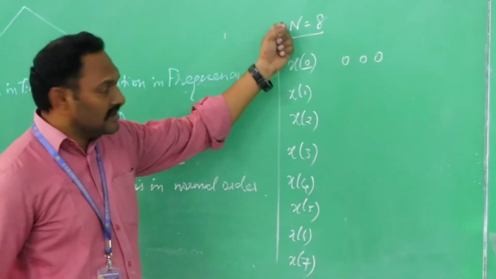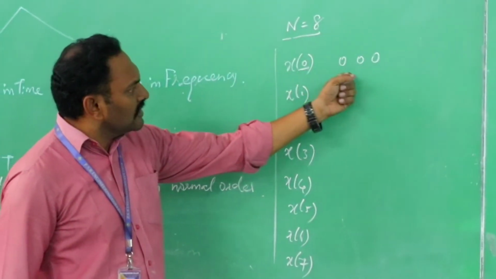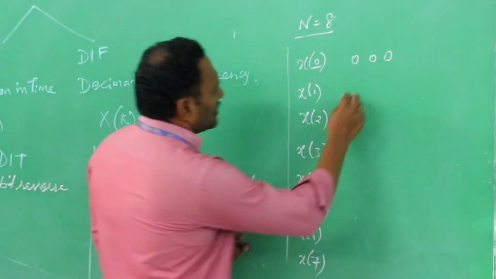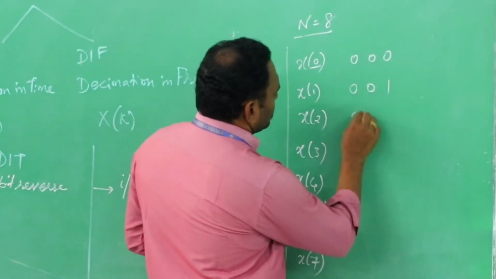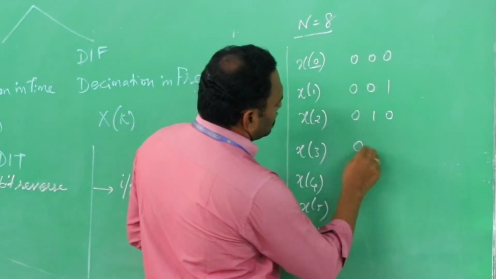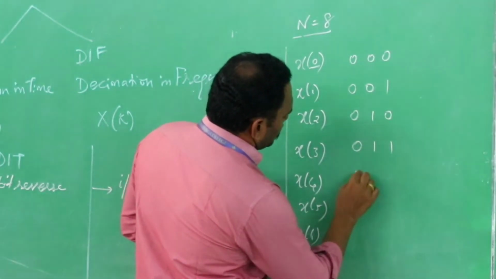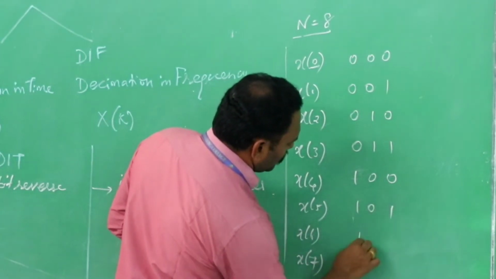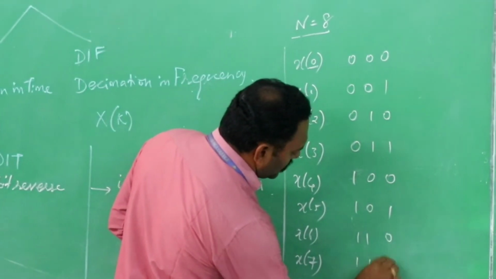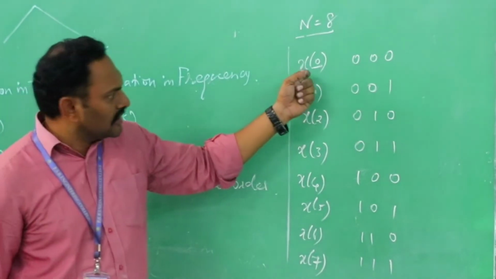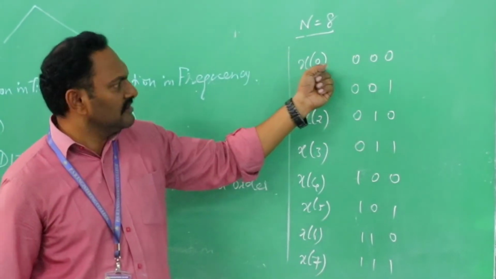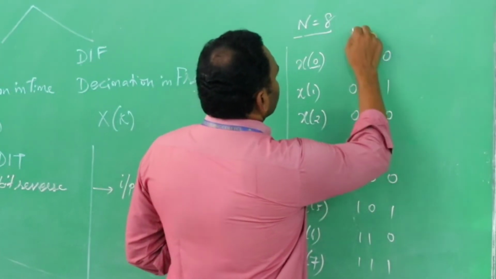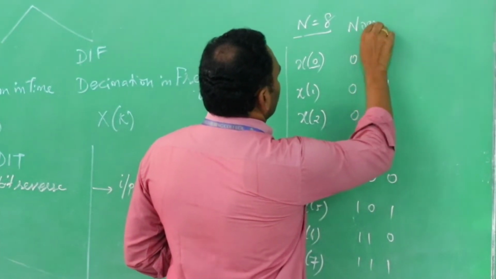As I already said, N is equal to 8, that's why we have to use 3-bit sequences: 000, 001, 010, 011, 100, 101, 110 and 111. Like that, we have to write all the values as binary sequences using 3-bit sequences. This is nothing but our normal order.